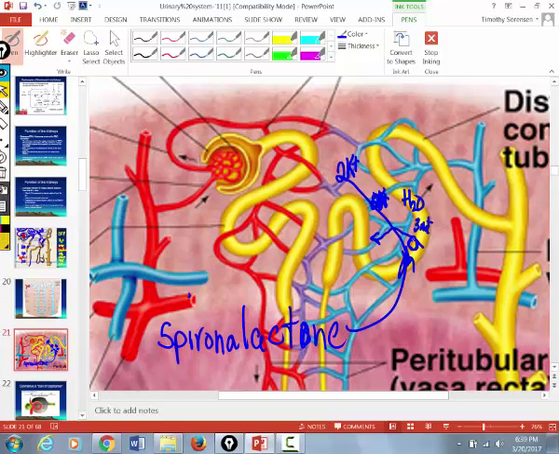Now watch. Aldosterone is going to cause sodium to be reabsorbed. If you block aldosterone receptors with spironolactone, can aldosterone exert its effect?